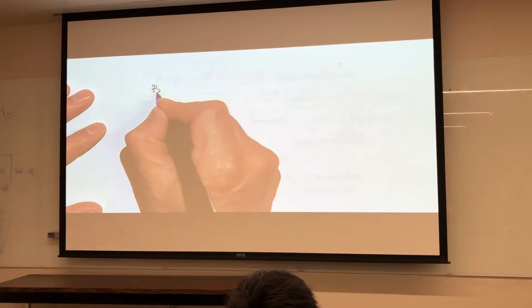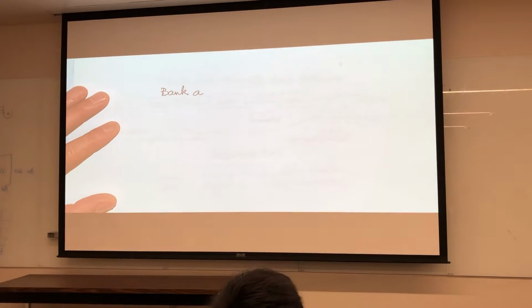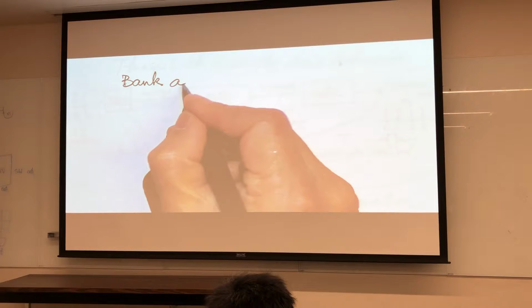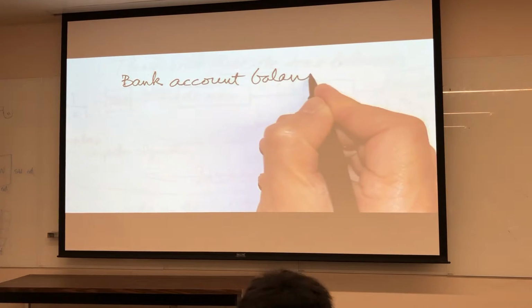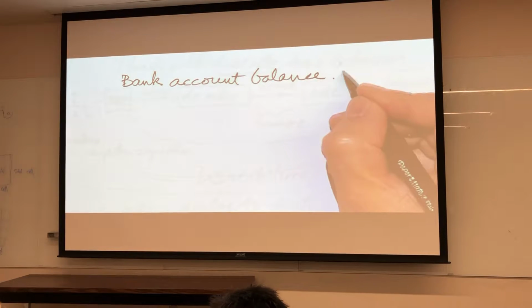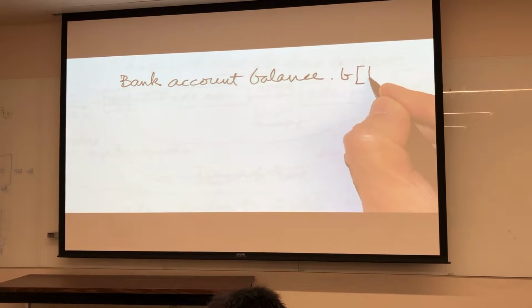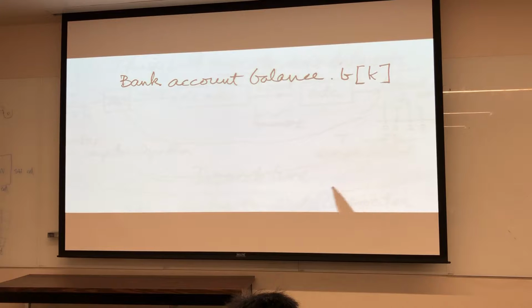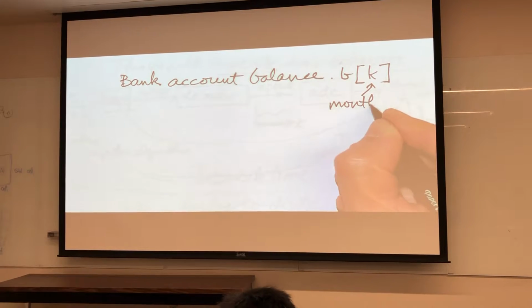Another thing that's inherently discrete might be my bank account balance. Let me call that a bank account balance B, and I get a number every month for my monthly statement, so this is the month index.